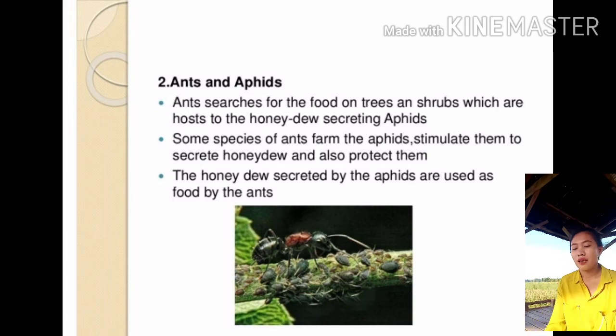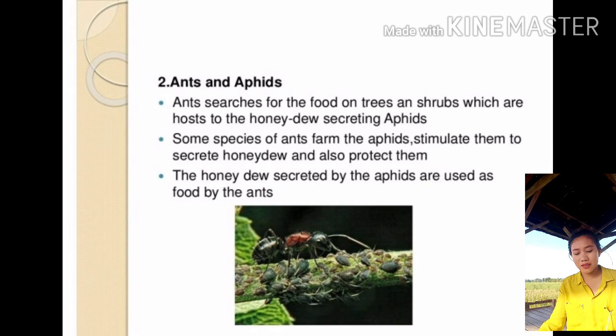Once the aphid is secreting the honeydew, the ants are also getting that honeydew from the aphids. That honeydew is the food of the ants.